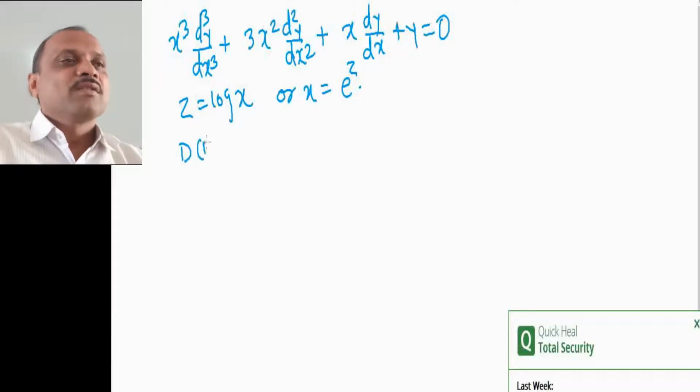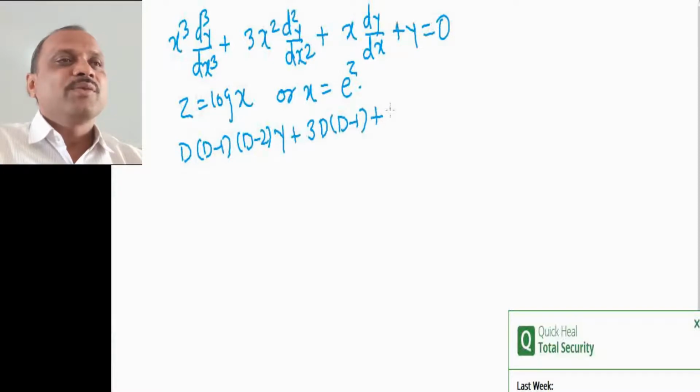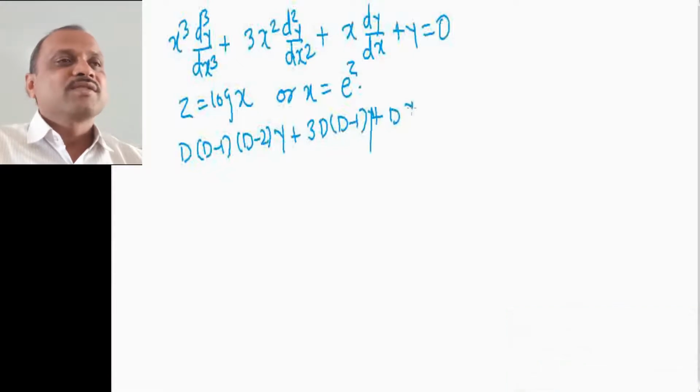Then for this we have D into (D minus 1) into (D minus 2) y plus 3 into D(D minus 1) plus D plus 1, operating on y equal to 0.